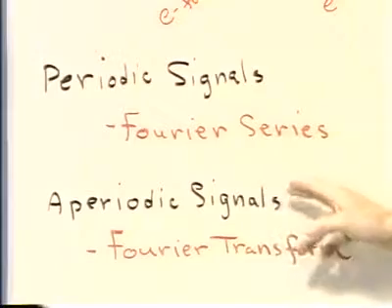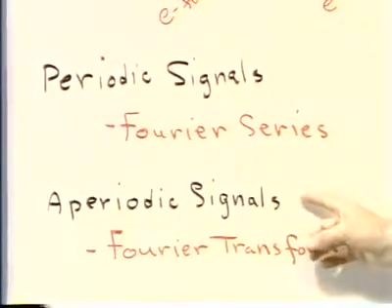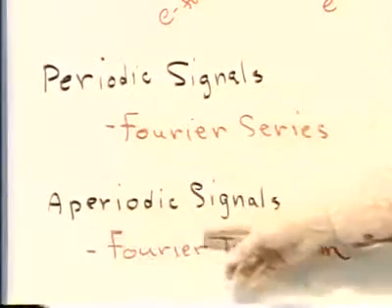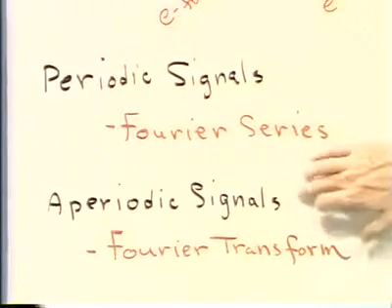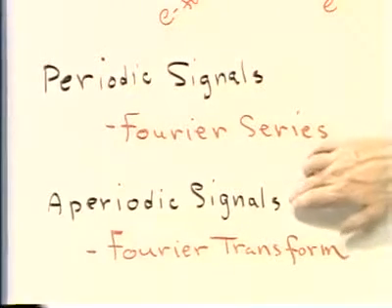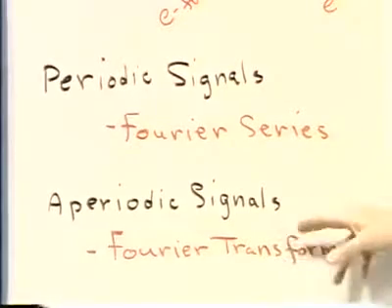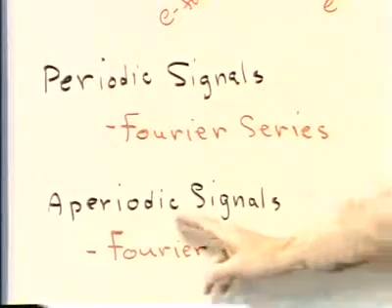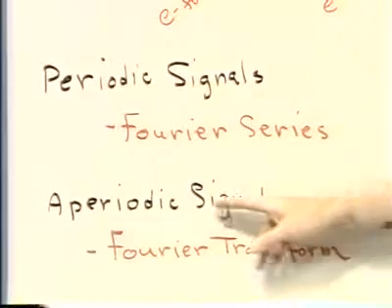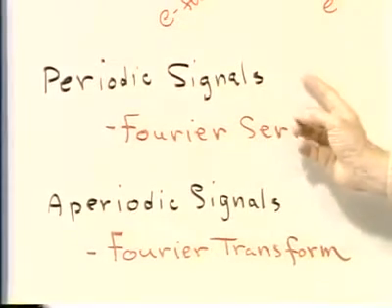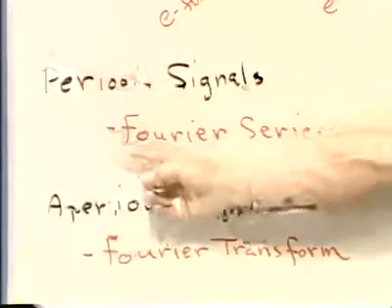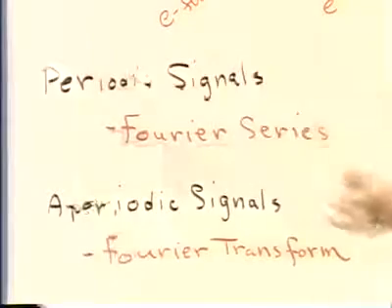Following that, we will turn our attention to non-periodic, or as I refer to it, aperiodic signals, and the representation that's developed in terms of linear combinations of complex exponentials is what's referred to as the Fourier transform. So the first thing that we want to deal with are periodic signals and the Fourier series.